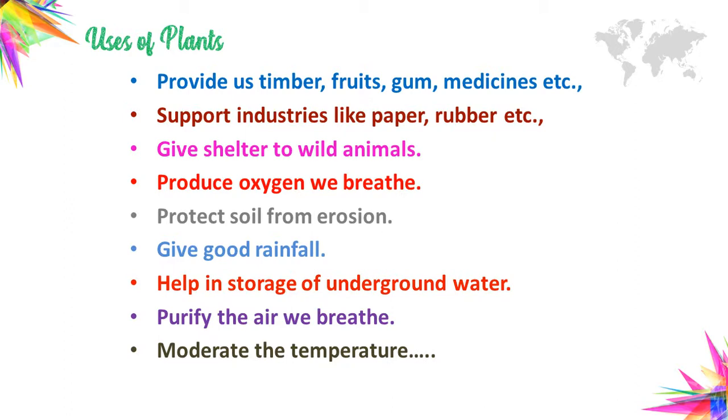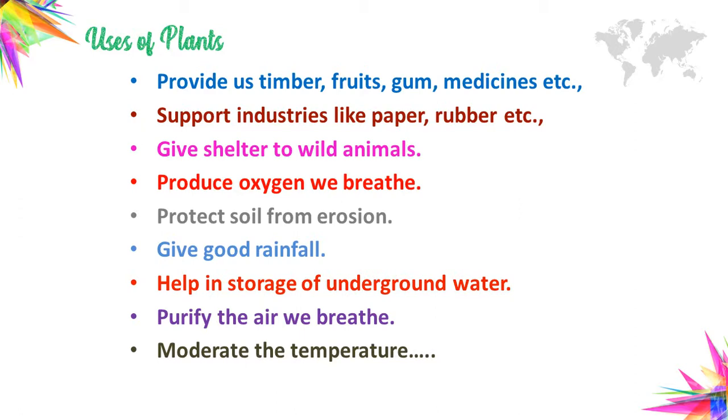So, children, let us see the uses of plants. Plants provide us with timber, they give shelter to animals, produce the oxygen we breathe, protect the soil from erosion, and give good rainfall. They help in storage of underground water because their roots penetrate deep into the soil and lead to seepage of water into the ground.